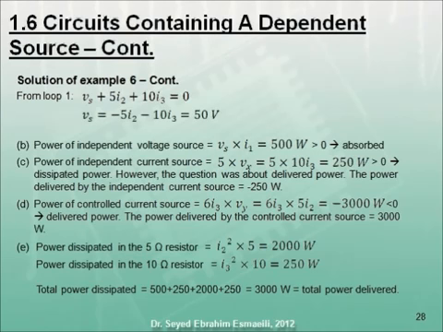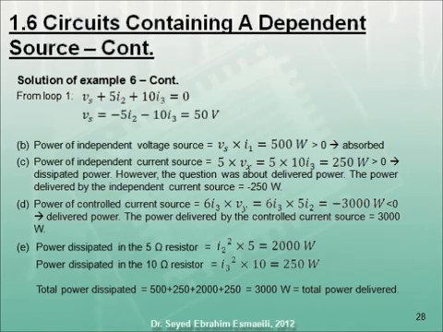Applying KVL on loop 1 and assigning a positive sign to voltage drops in the direction of the loop, we get Vs plus 5I2 plus 10I3 equals 0, which leads to Vs equals 50 volts.